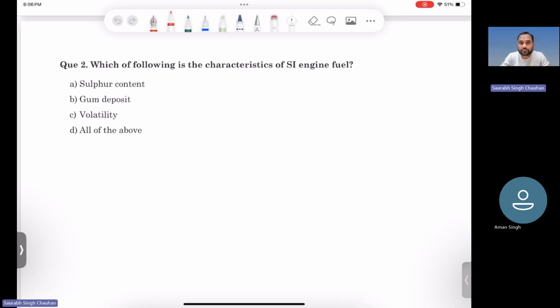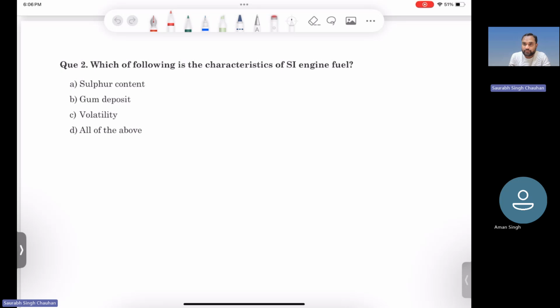Which option should be the correct option? So, sulfur content.